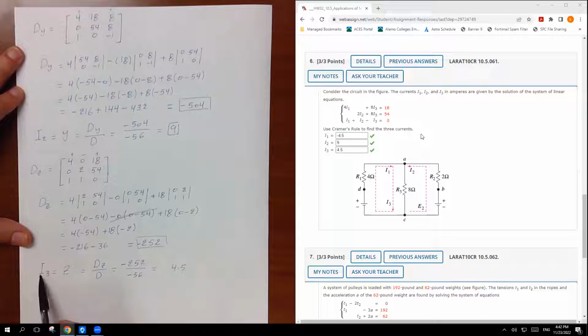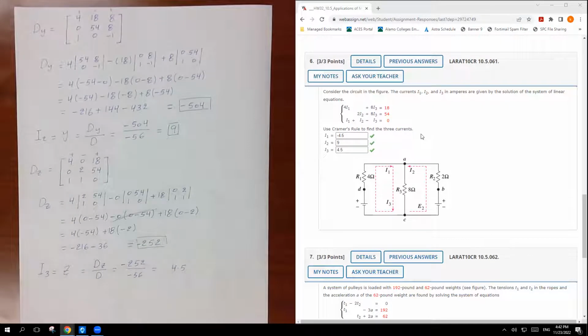That means I3, which is equal to z, the same thing, dz divided by d, which is negative 252 divided by negative 56, is going to be 4.5. And that's what we got on example 6. The I3 is going to be 4.5.